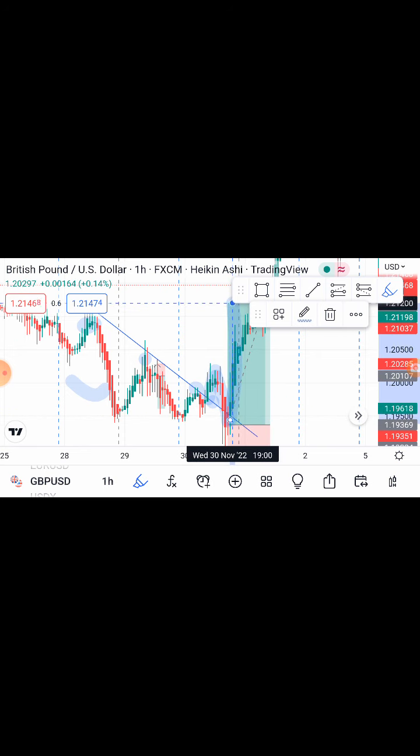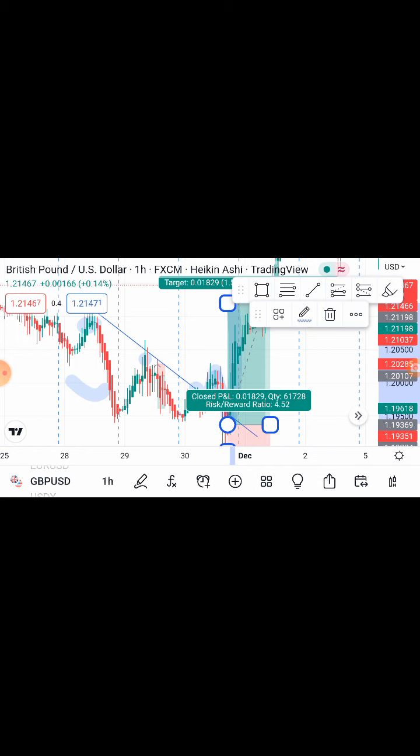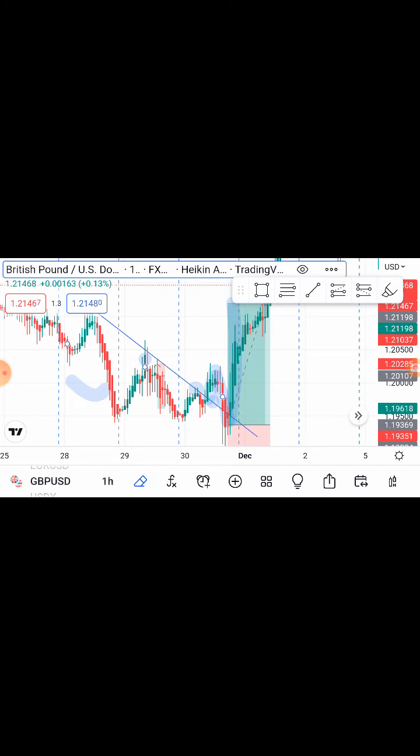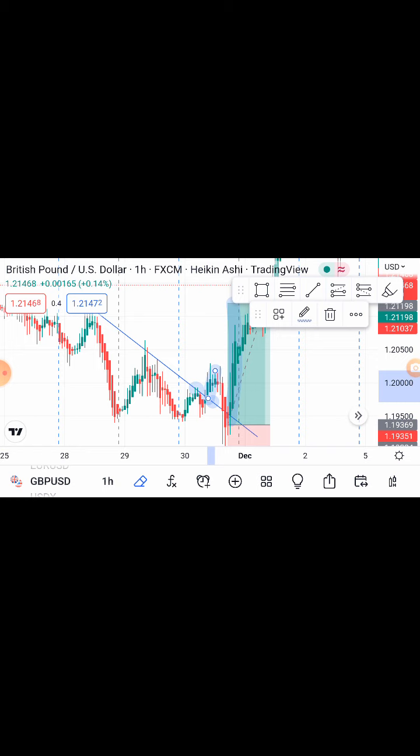This is a very easy strategy that you can use. All you have to do is activate your trend line, and then wait for a breakout of structure from that trend line, right? These are two examples. You can backtest on your lower time frame.